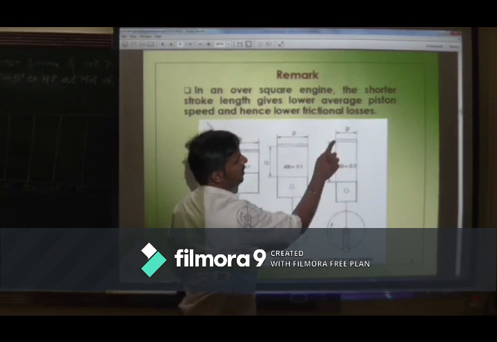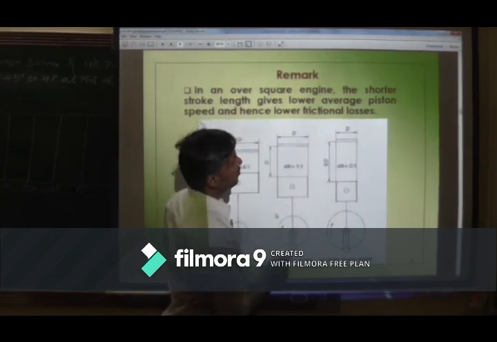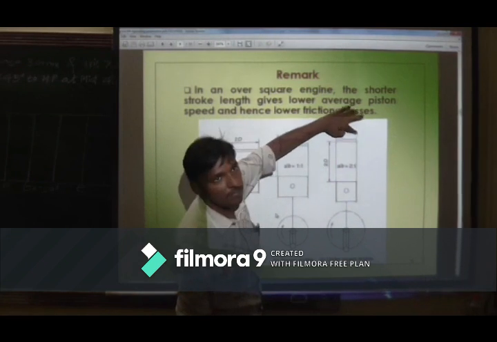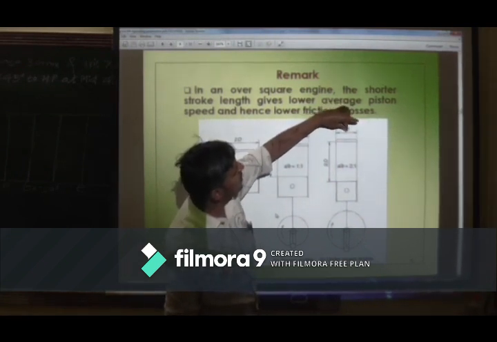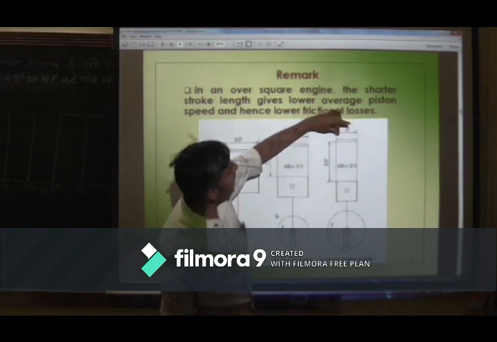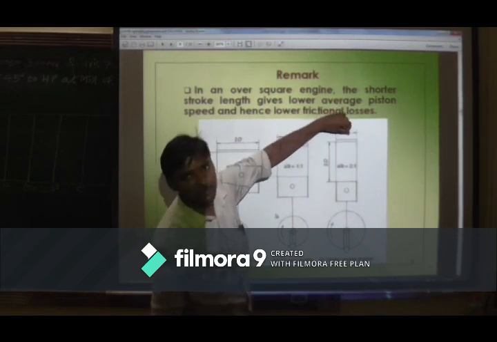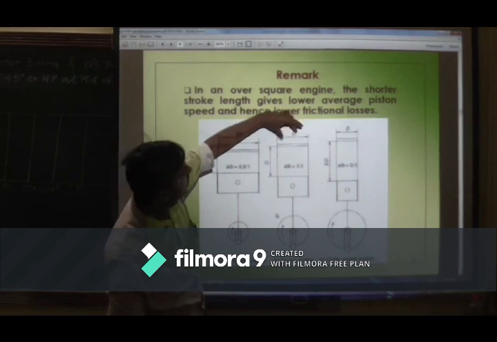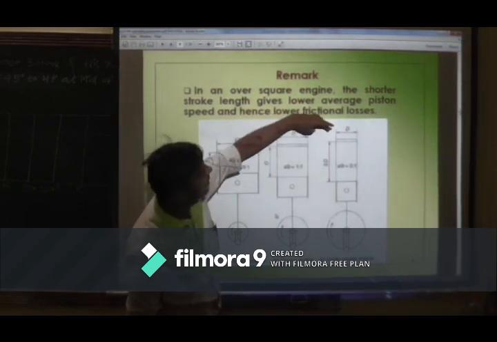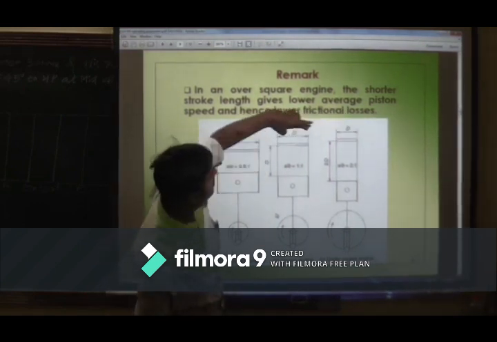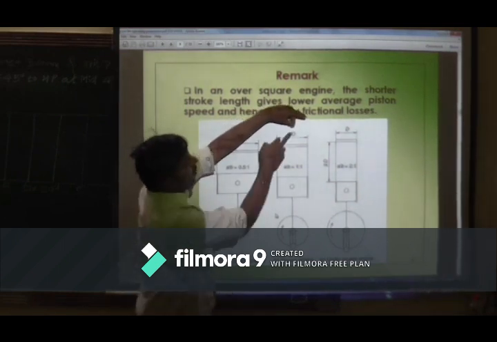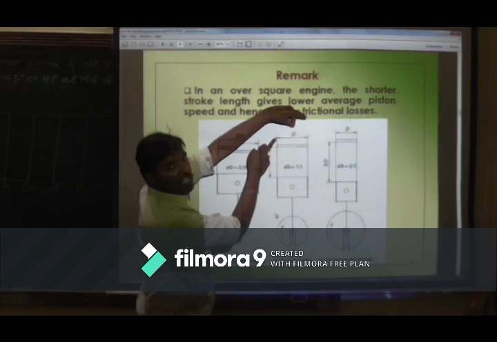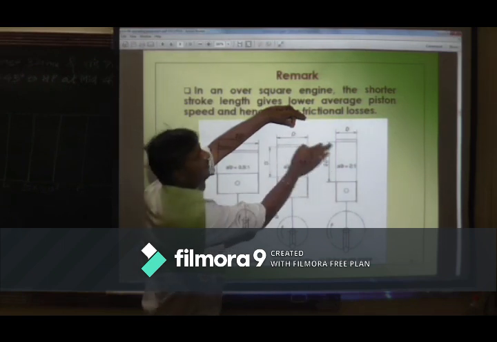If you see, there will be clearance volume, or combustion chamber volume here, and the spark plug will be here. So the distance between spark plug and end charge will be less here. And if you see, D is bigger or longer as compared to this. So the spark plug will be here. From this spark plug, the end charge distance is longer as compared to this.